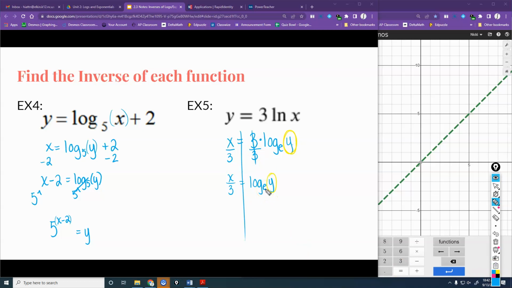How do I get rid of a log with a base e? We're going to do e to the power. We'll get rid of this over here. And so we got to do e to the power over here also. So this is e to the x divided by 3 power equals y.